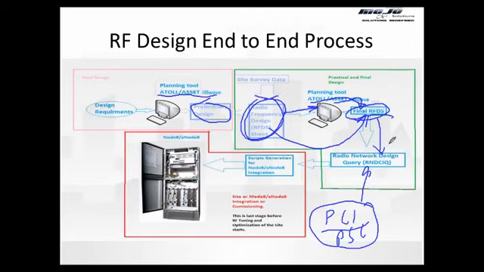So basically RFDS and RND-CIQ are the ways of communicating with other departments by the RF engineer, and they have to be in a standard format for other people to understand.